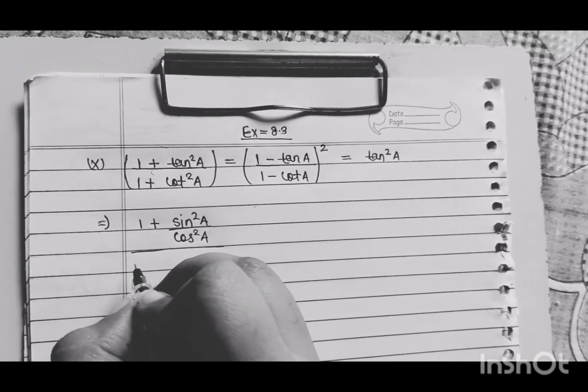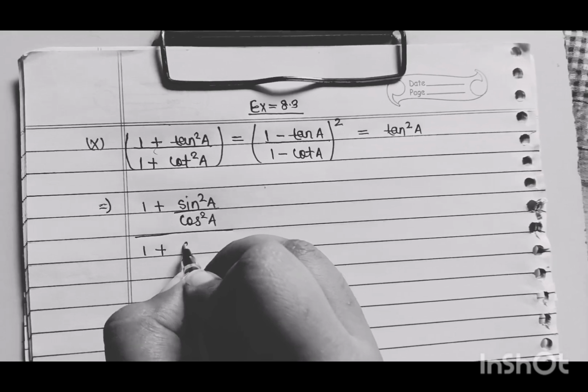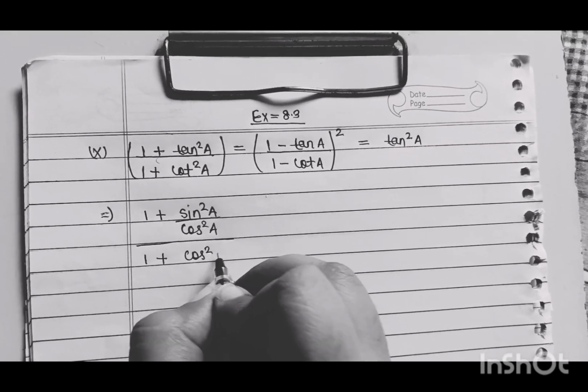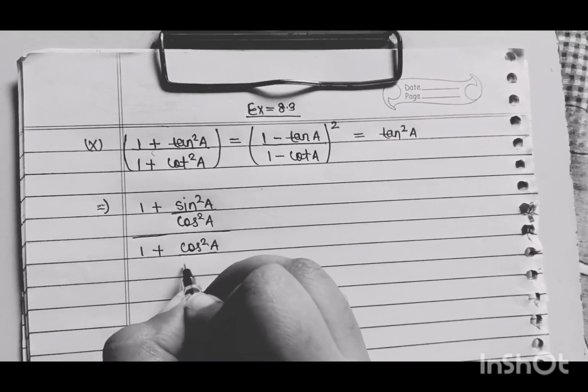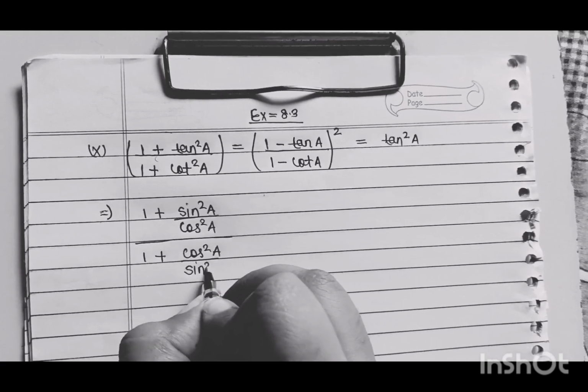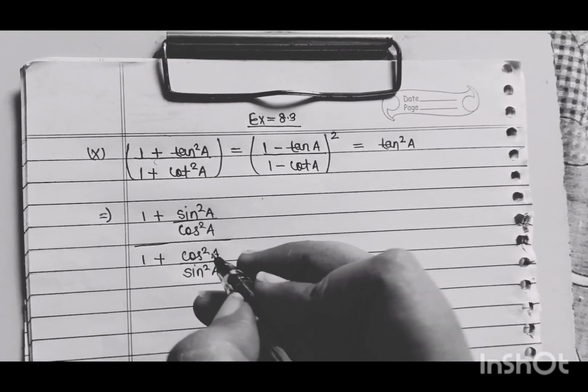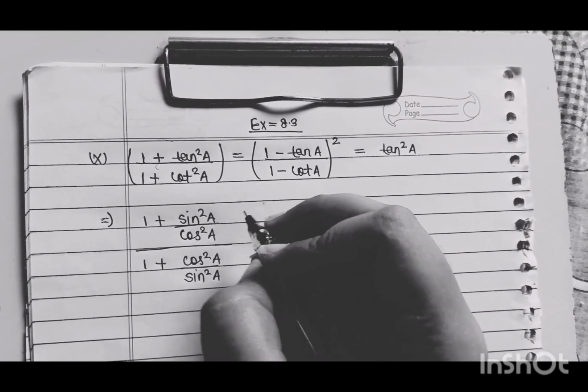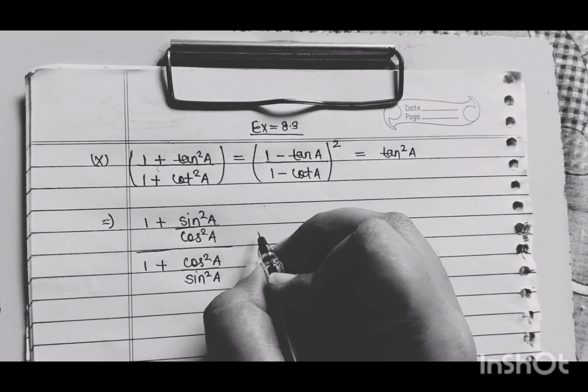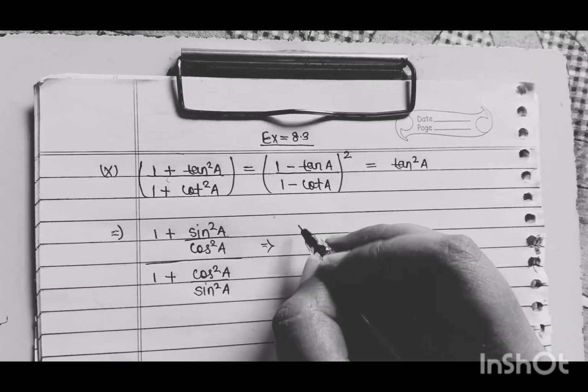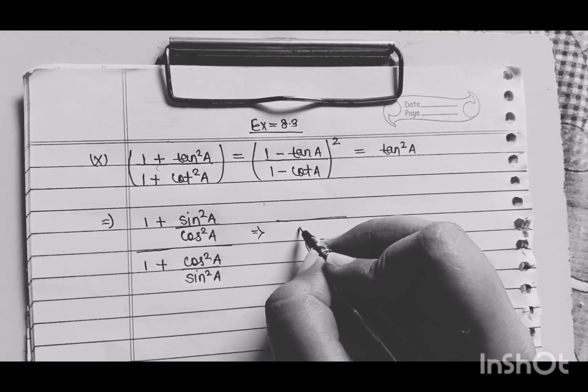And then we can write cot square A as cos square A divided by sin square A. Now we take the LCM here.